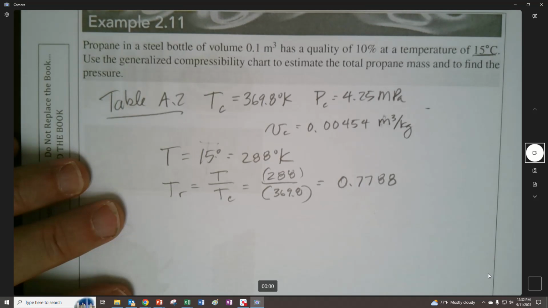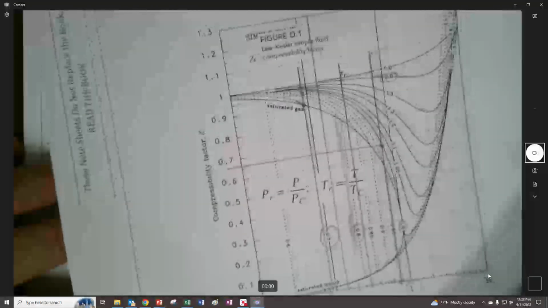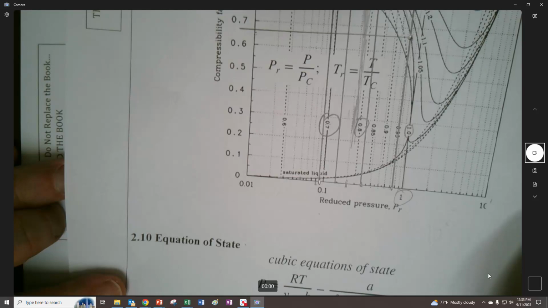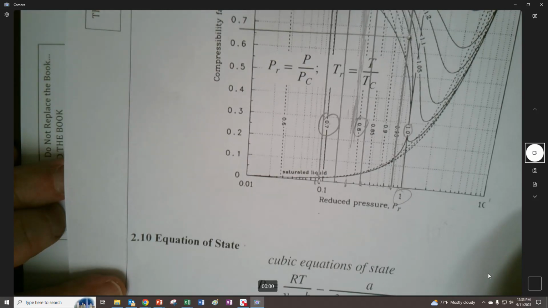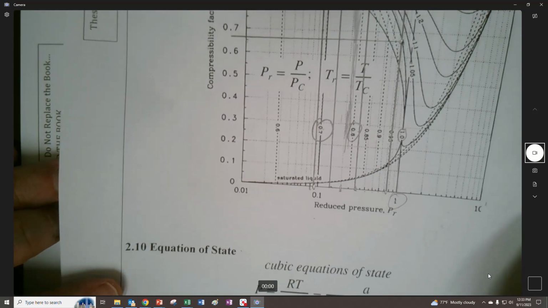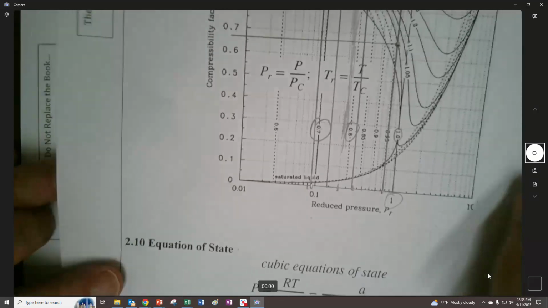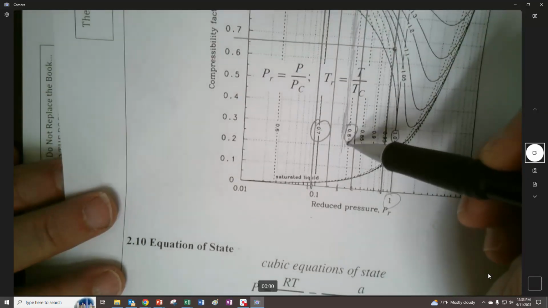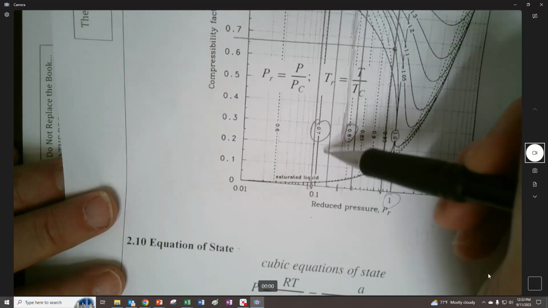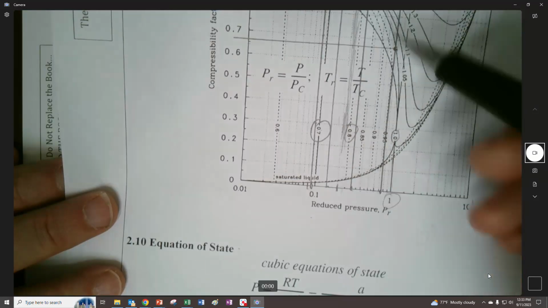Let me double check something first off. That kind of tells us that we probably have a pressure, because we know that this right here is where the pressure ratio is going, and we know these things are related to each other.